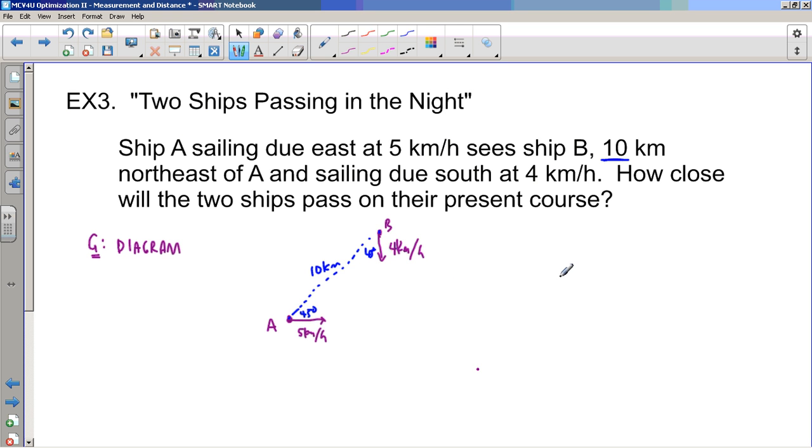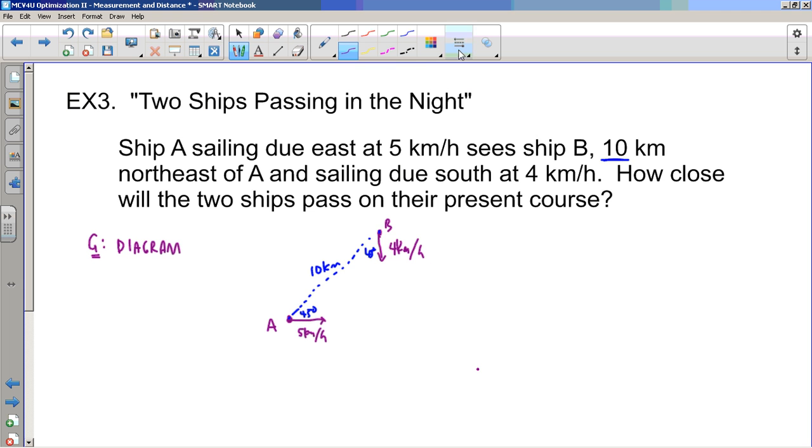That's an important thing, and we'll talk about that when we get to the analysis. But there's the diagram, and you see how there are two things going on: the velocities and the distances, and I have to keep those things straight. Because the 5 and the 10 are different units, I can't draw them to scale, so I've got to be careful.